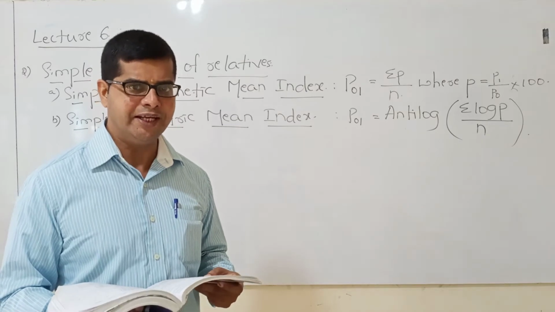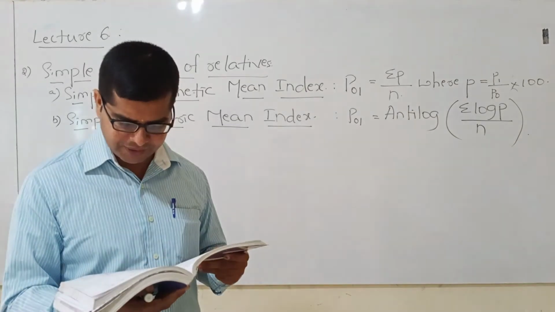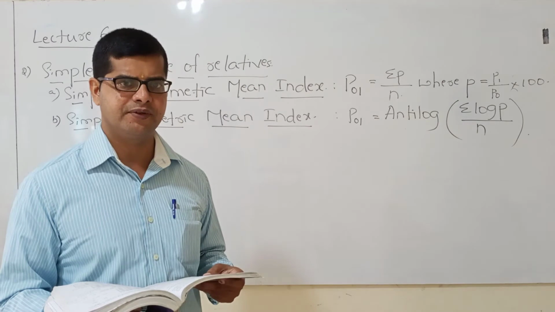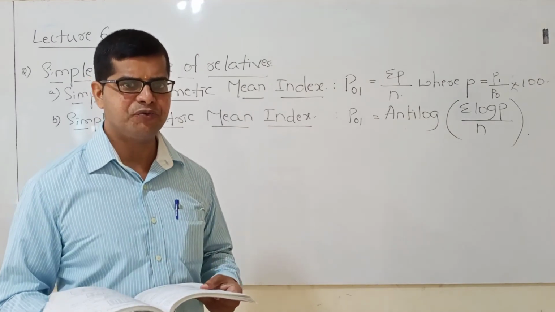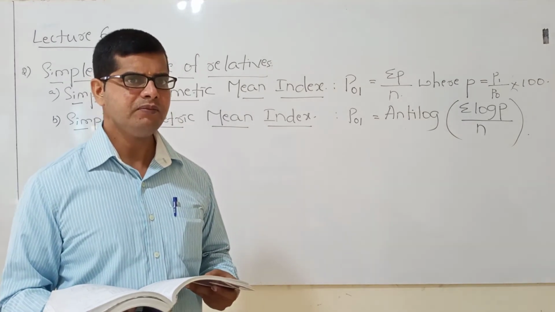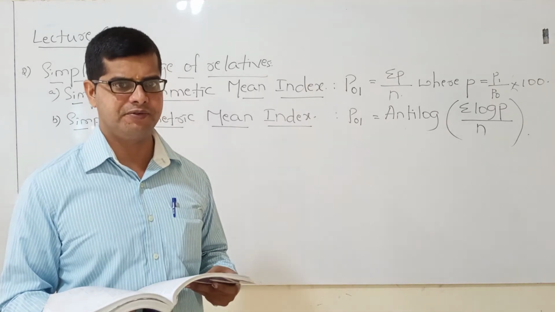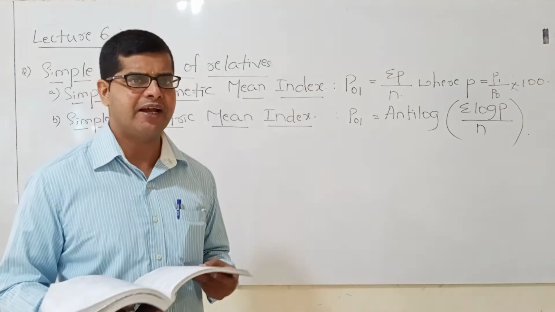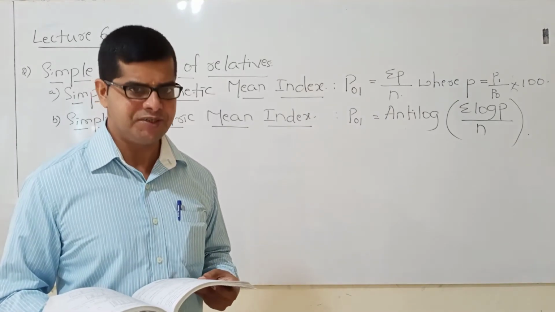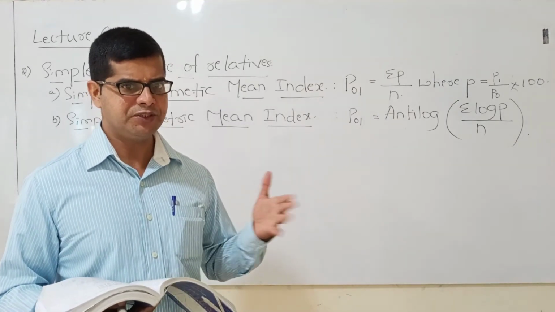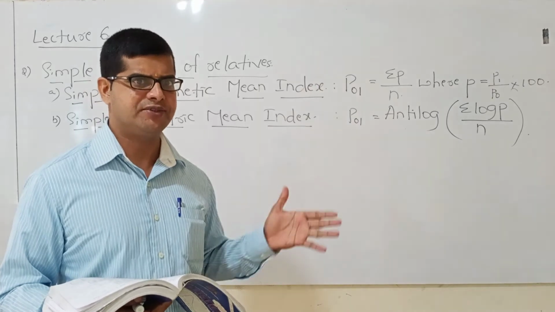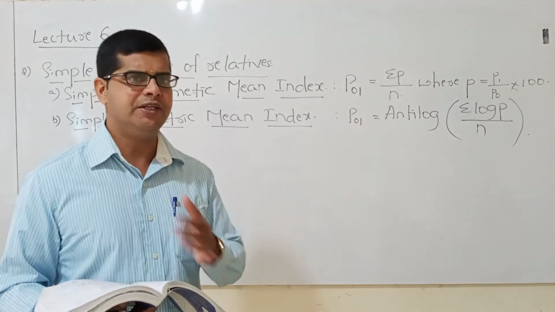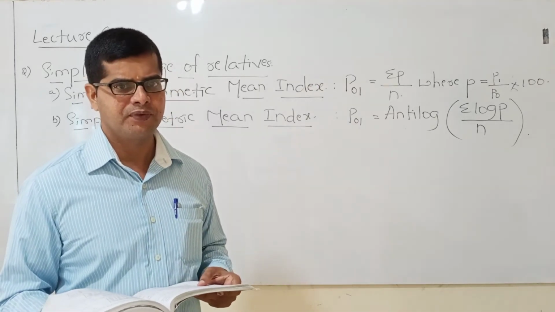Here also, prices in 2010, you can directly identify that this is the base year, P0, and prices in 2012, you can identify this is the current year. The previous year given is always the base year, and the present year given is the current year.